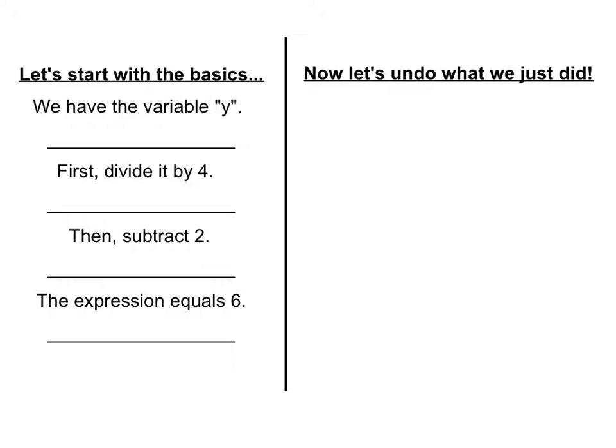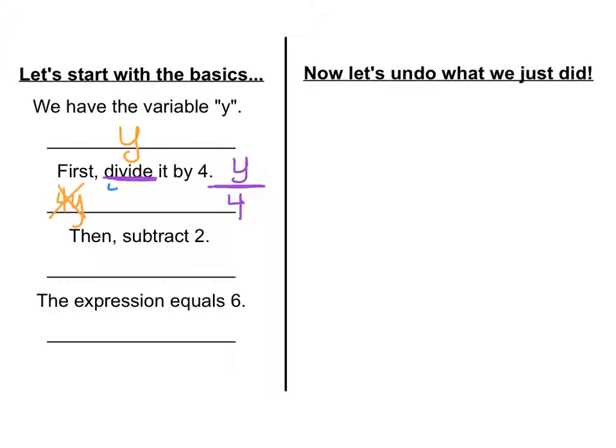This next slide is almost the same type of idea. So we're going to build our equation and then solve it. This time though, we're starting with y. So I have y. We have to divide it by 4. Now remember, it's going to look like a fraction. We have our y divided by 4. A lot of students want to write 4y, but that's multiplication.